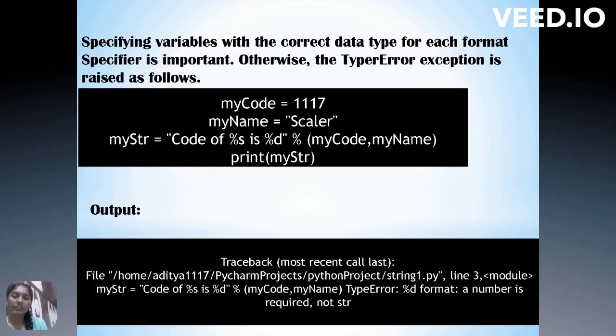Specifying variables with the correct data type for each format specifier is important, otherwise a type error exception is raised, as follows. My code is 1117, my name is Scalar, my string is: code of %d is %d, with my code and my name. Print my string.